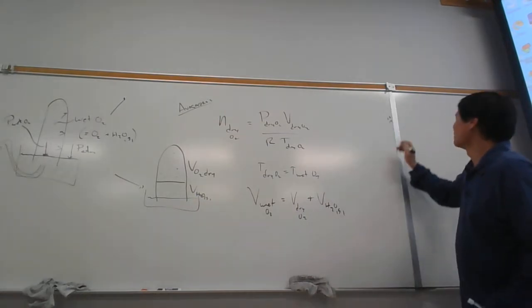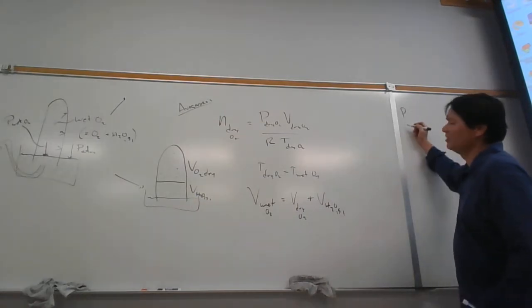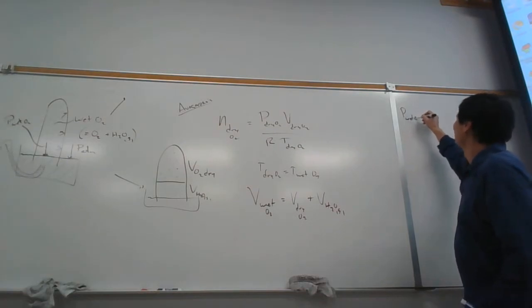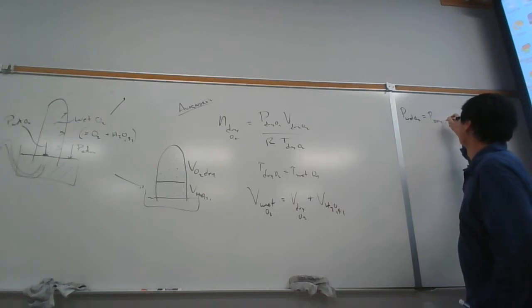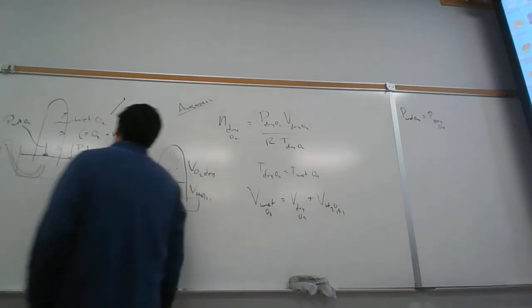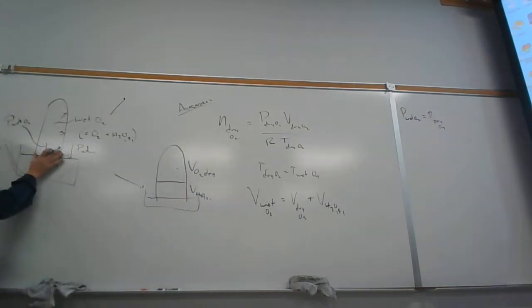Because in Avogadro's, the pressure of the wet O2 is equal to the pressure of the dry O2. So the pressure of the wet O2 is generated by the collisions of both the oxygen and the water vapor.